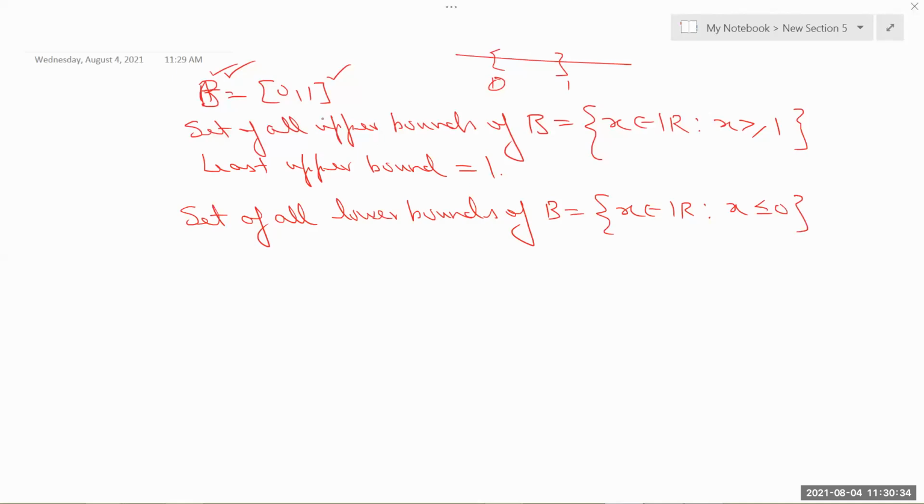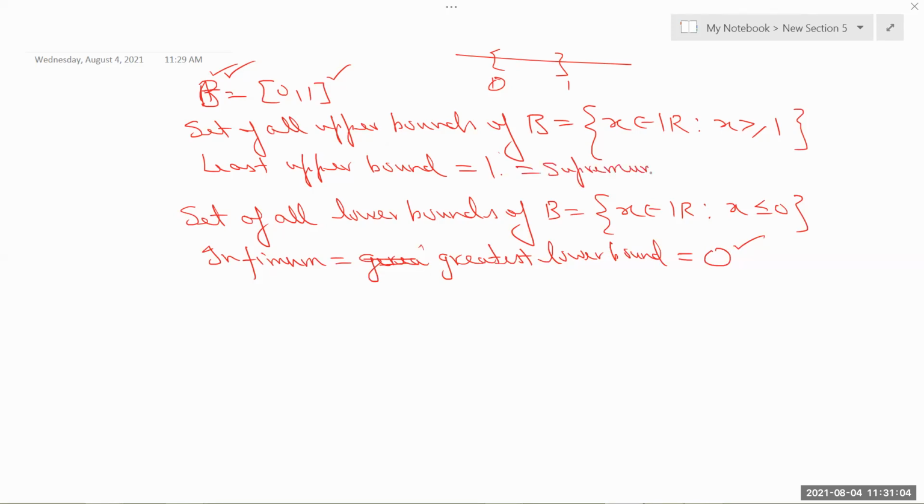And all members smaller than 0 are lower bounds. So the infimum, or I can say the greatest among all lower bounds, what is it here? 0. And the least upper bound is called the supremum.